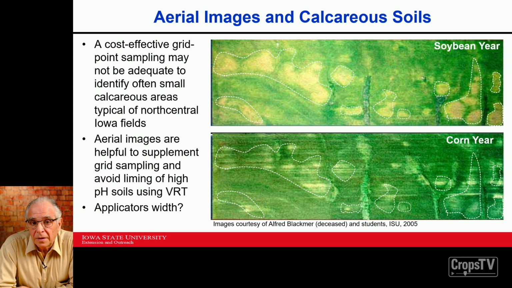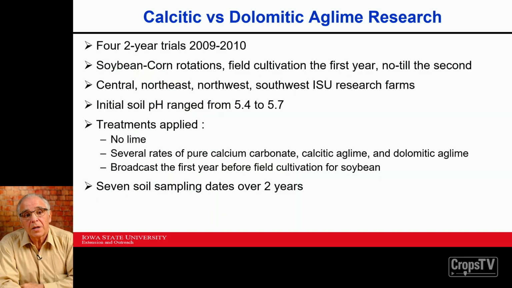Now, this is something that is very obvious. Don't apply lime in calcareous soils. So I think that with variable rate you can fix this some. Of course, some of the applicators for lime are so wide that they cannot micromanage small areas. But I think we can do better management.